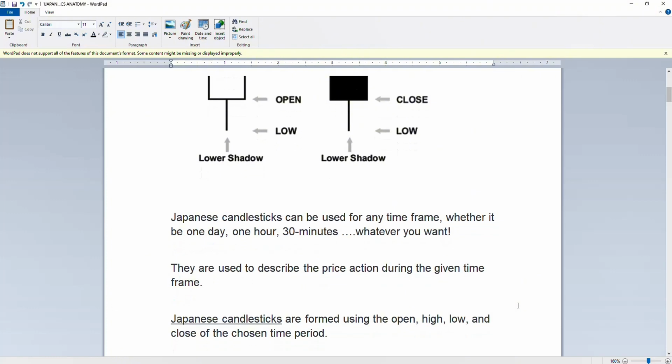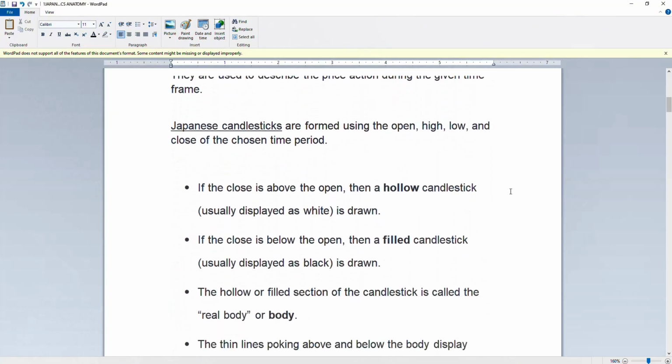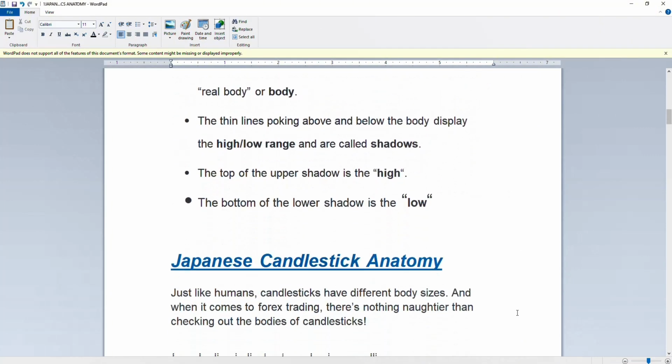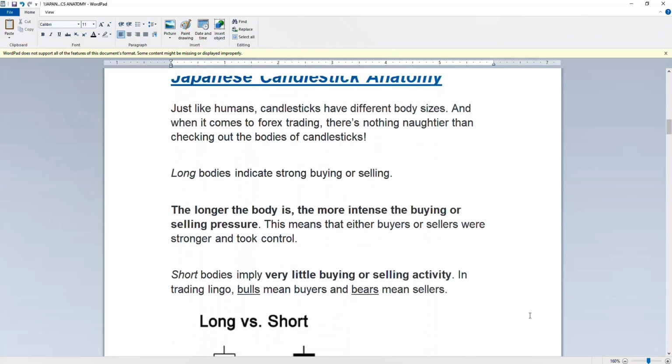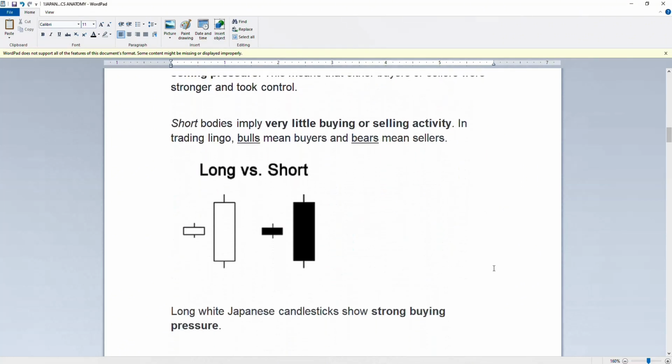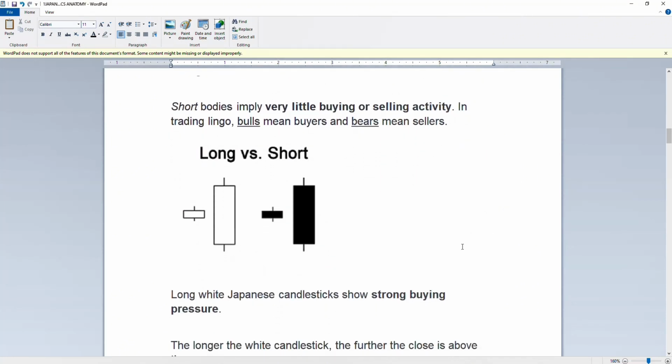Now, the size of a candle is going to determine the strength and the weakness of the buyers and the sellers in the market. If you step in the market and you see a candle that has a very small body, it means there was indecision in the market. If it is a buy candle and it is very small, it means the buyers ran out of strength.